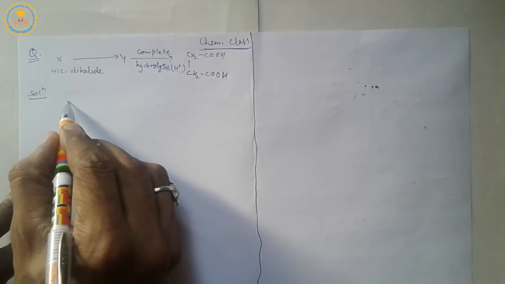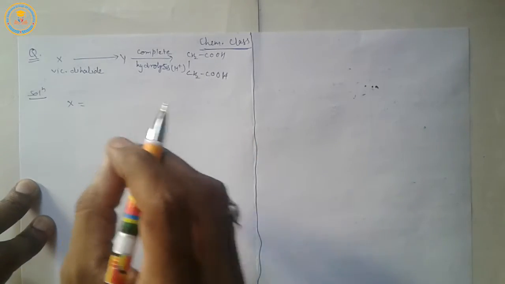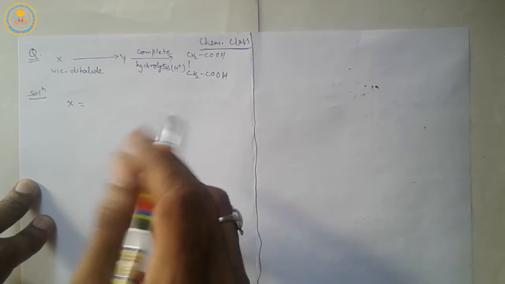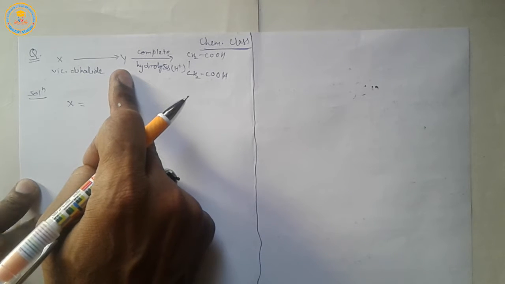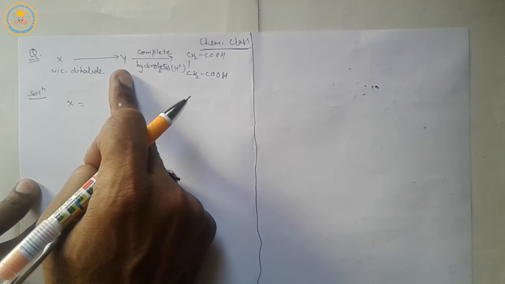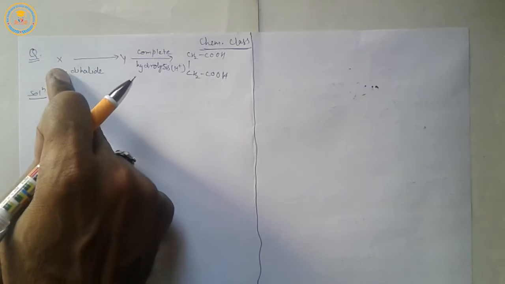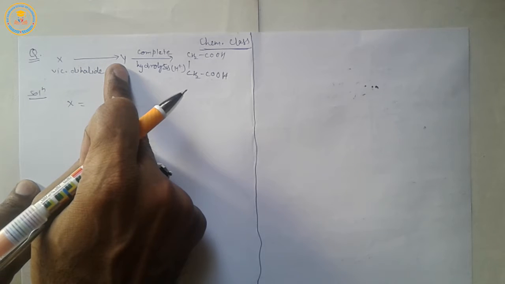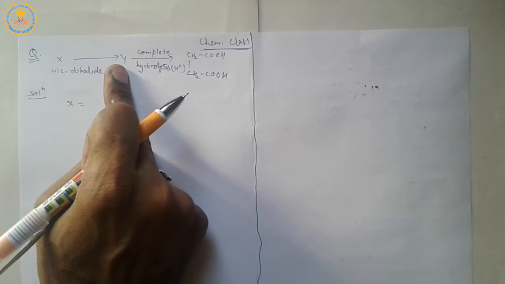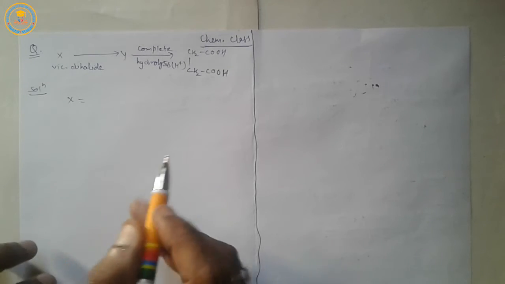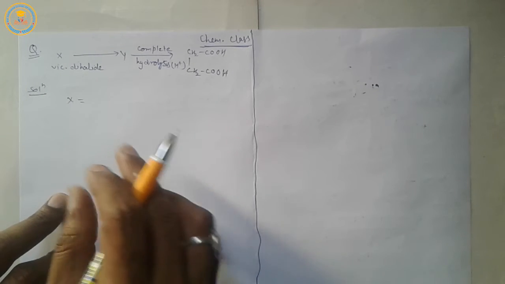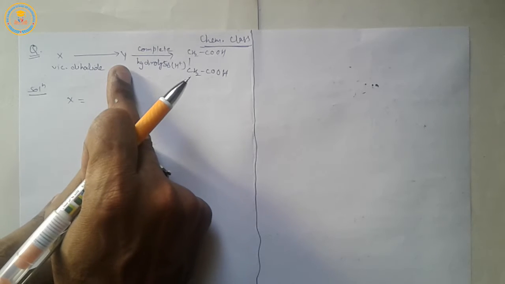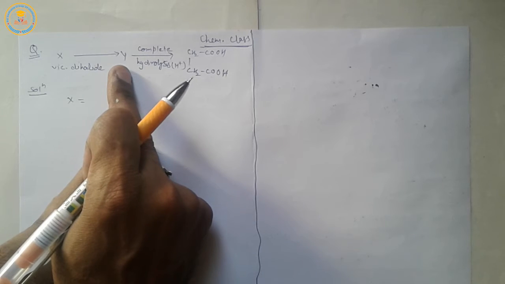So X is a cyanide compound. Similarly Y: X is a vicinal dihalide which reacts with KCN, then Y is formed. So I repeat, Y is a cyanide compound.